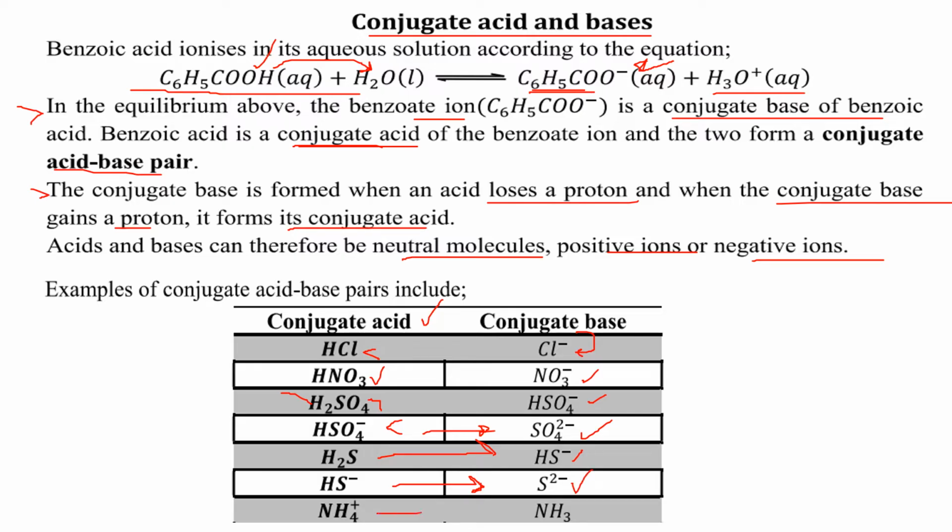If you're having an ammonium compound, it loses one proton, it forms ammonia. Now ammonia becomes our conjugate base, and the ammonium ion is going to be our conjugate acid. So repeating this, a conjugate acid is going to be that compound releasing a proton in solution, and the conjugate base is going to be that compound that is formed after release of a proton in solution.